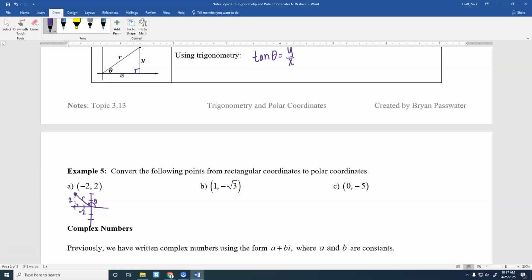And so for radius, we're just doing Pythagorean theorem. So we'll do 2 squared plus negative 2 squared equals the radius squared. So that is 4 plus 4, which is going to be 8, equals your radius squared. You will square root both sides.